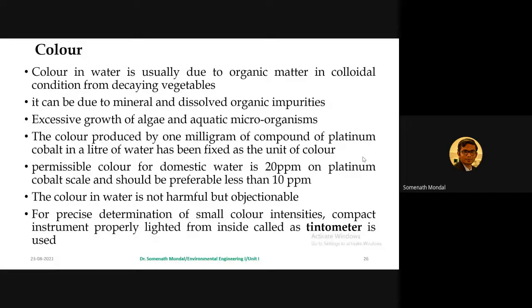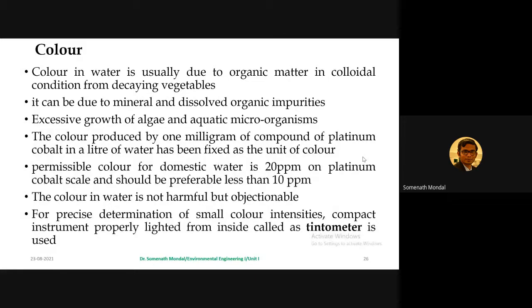So that is the way the color can be measured. The standard unit of color is basically that which is produced by 1 milligram of platinum cobalt dissolved in 1 liter of distilled water. So that is the way we define the unit to measure the color's intensity in water.